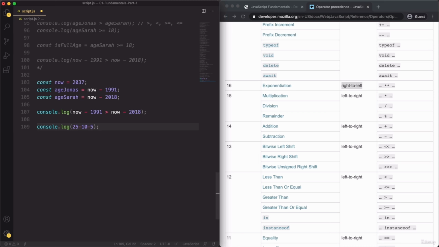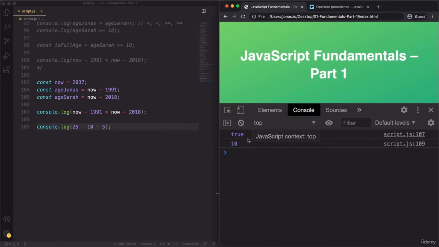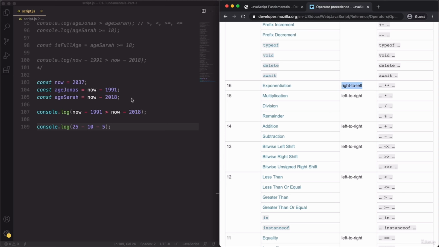This one should be 10, right? Let's check that. And indeed, we get 10. But if it was right to left, then it would be 5 minus 10 minus 25, which would be something completely different. So this is an example of left to right operation, but assignment, for example, is a good example of right to left execution.